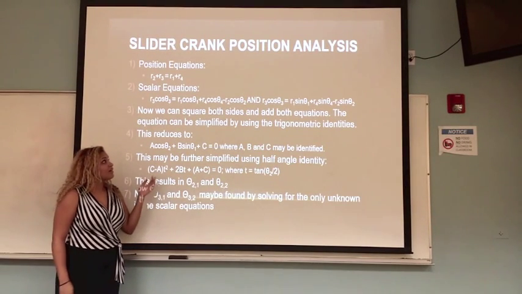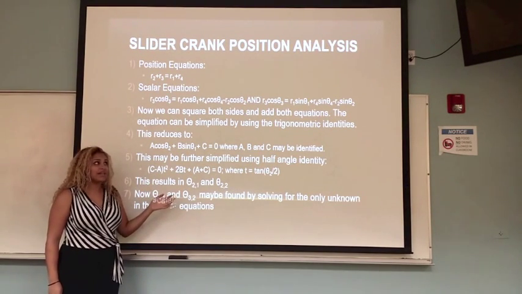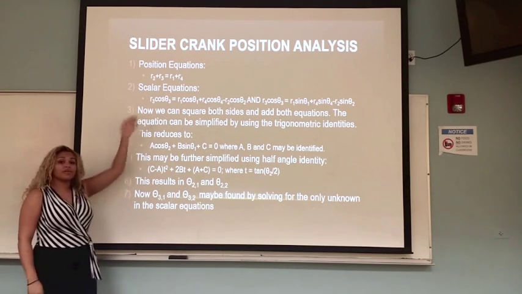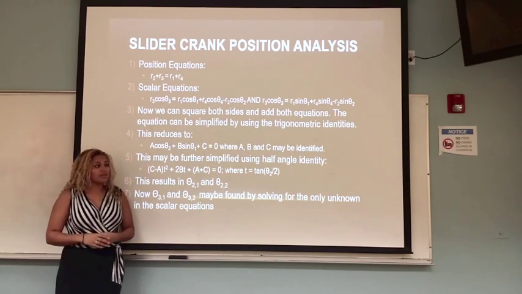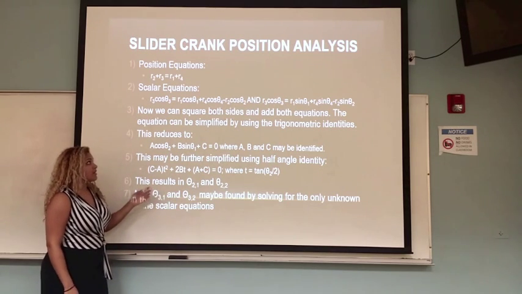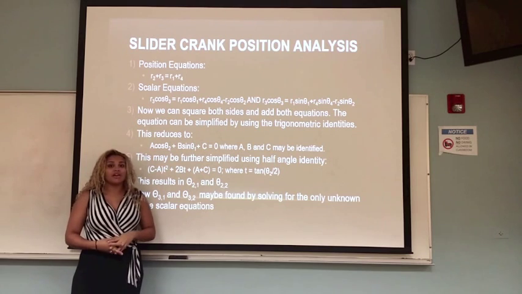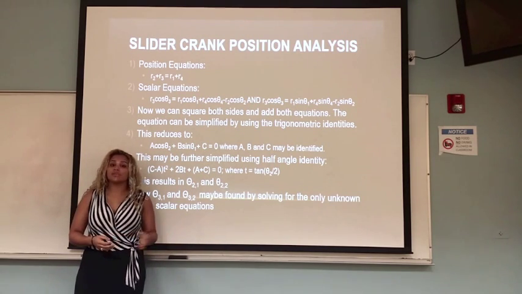To find the position analysis, first we have our position equations. With those we can find the scalar equations, and the scalar equations may be squared and added, so theta 3 can be eliminated, so theta 2 is the only unknown.